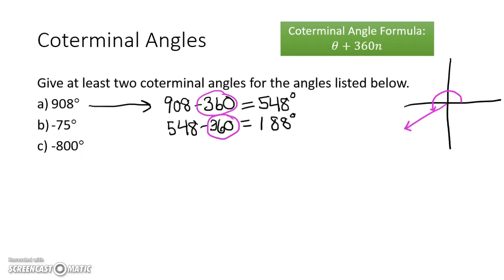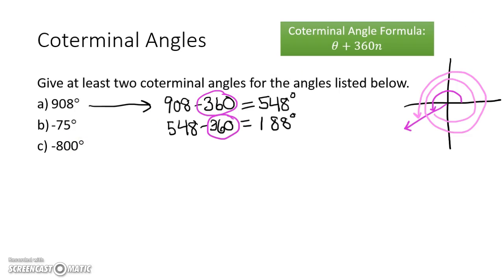So if you really wanted to see what was happening with this angle, you could take 2 extra rotations, and that would be the angle 908 degrees. Okay, now we can do the same thing for negative 75 degrees and negative 800 degrees.